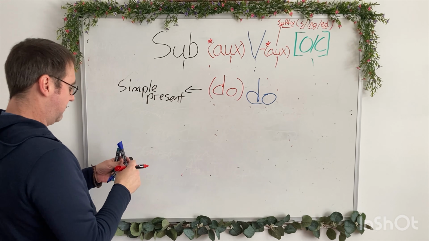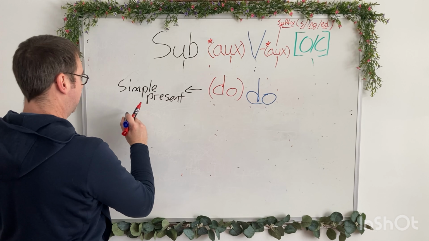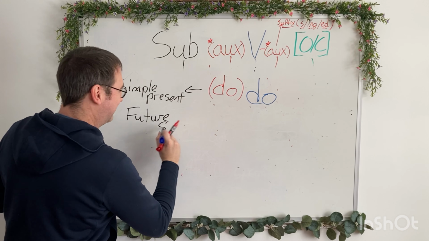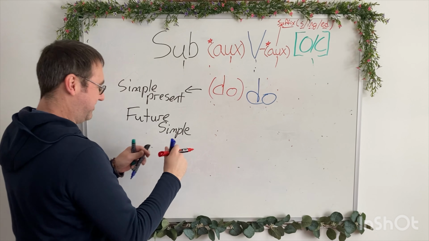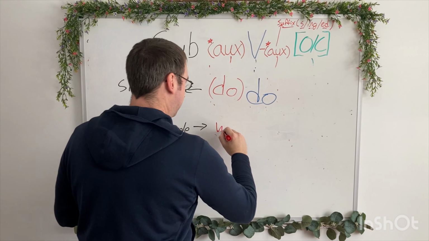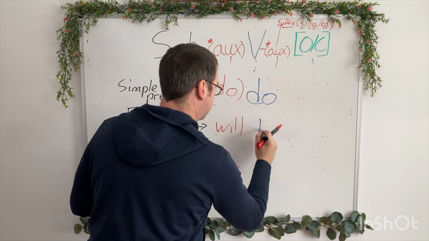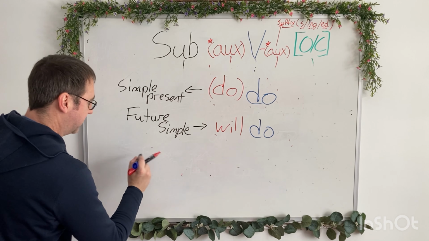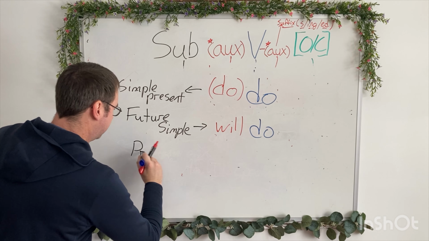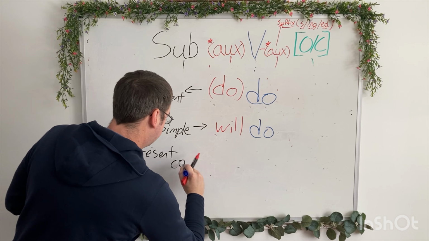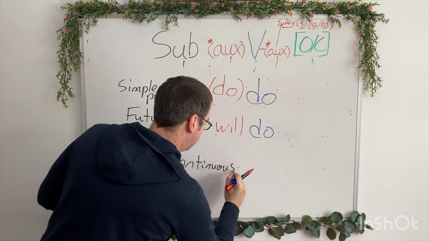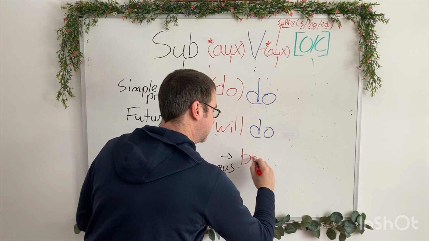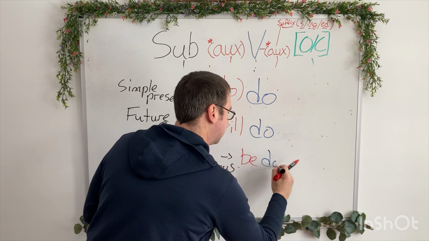The next one we learned was, I think, what they call simple future. See, I don't use these words anymore because I would just say this is will do. And then the last one that we learned today would have been, I think, called present continuous in the grammar books, but I don't use that very much anymore because I like to call it be doing.